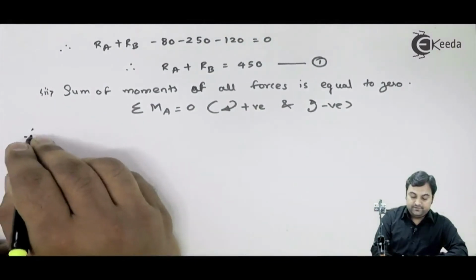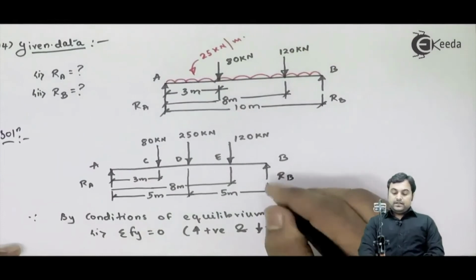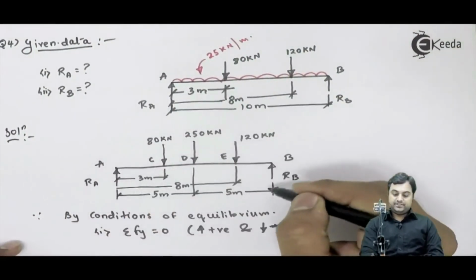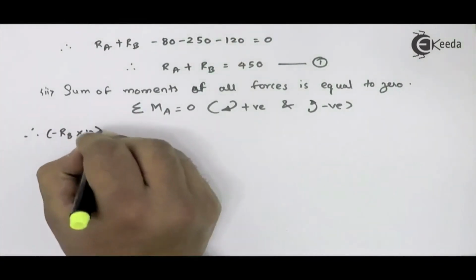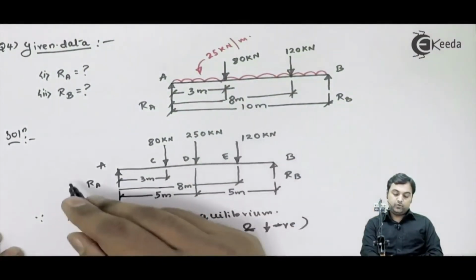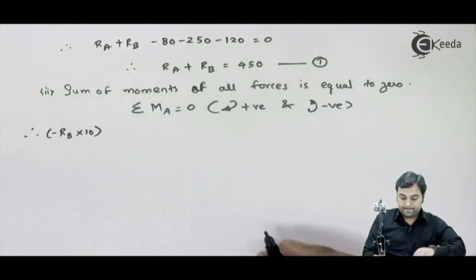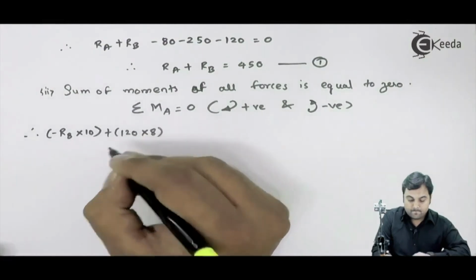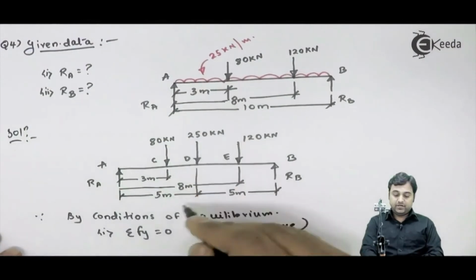Therefore, RB is upward, so if I take the moment, it will be in the anti-clockwise direction, that is minus RB into 10. 120 is downward, so the moment produced would be clockwise, plus 120 into 8. 250 kilonewton is acting downward.